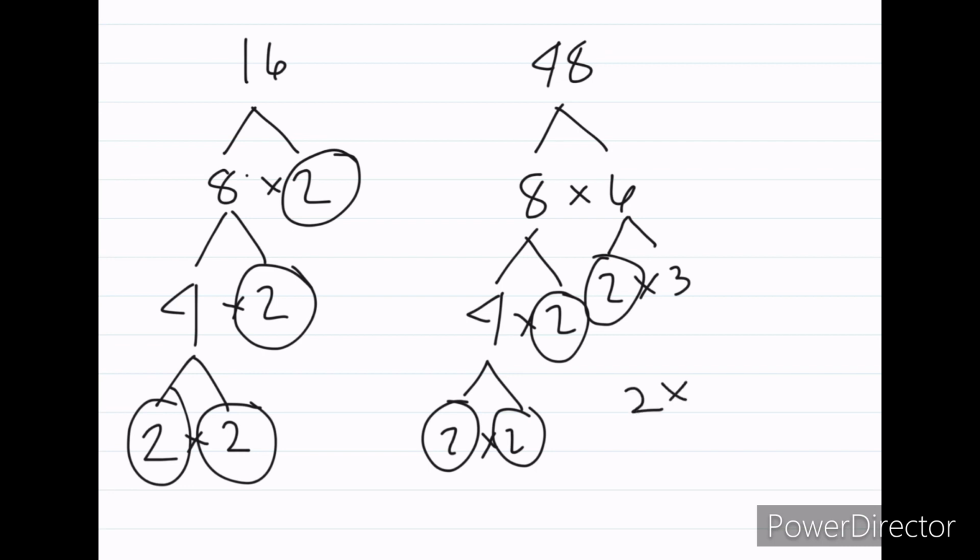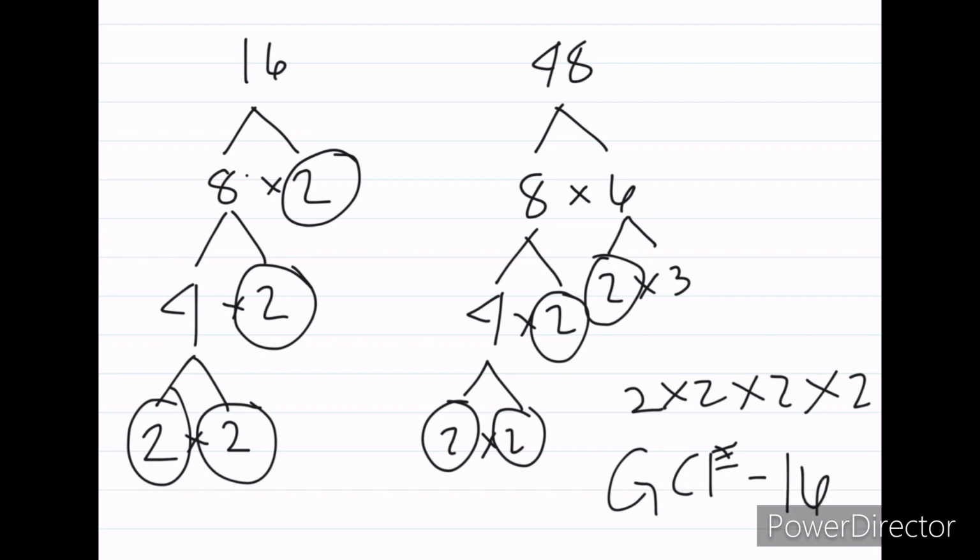So 2 times 2 times 2 times 2 to find the GCF of 16 and 48. So 2 times 2 is 4, times 2 is 8, times 2 is 16. Therefore, the greatest common factor between 16 and 48 is 16.